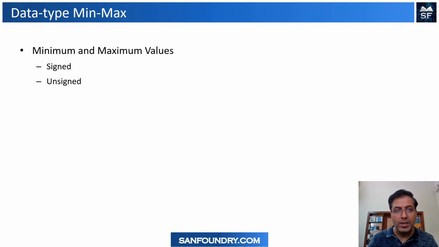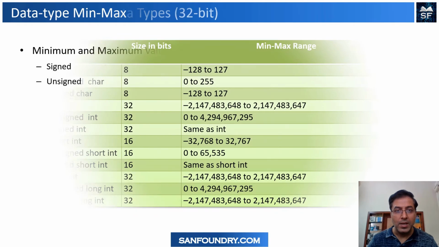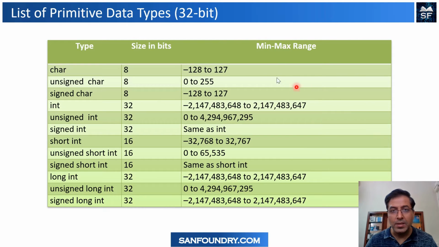You might have already seen in my previous slides what the minimum and maximum values are for these data types. Generally, the data types have either a signed representation or an unsigned representation, and depending on those representations, the value changes. Whenever you have a character or a signed character, the value ranges between these two, and for an unsigned character, the value ranges between these two.